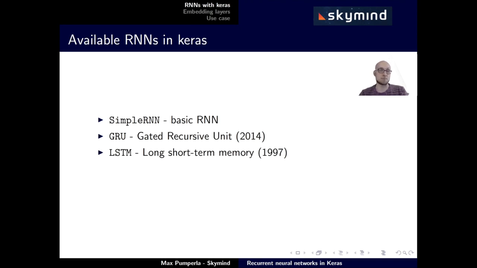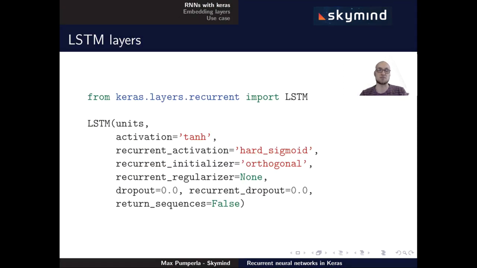Also, LSTM, or long short-term memory models, introduced in 1997 by Hochreiter and Schmidhuber. Those are the most popular recurrent neural networks with Keras and maybe overall. So oftentimes when people talk about using RNNs, usually they mean applying LSTMs. We will focus in this lecture exclusively on LSTMs.